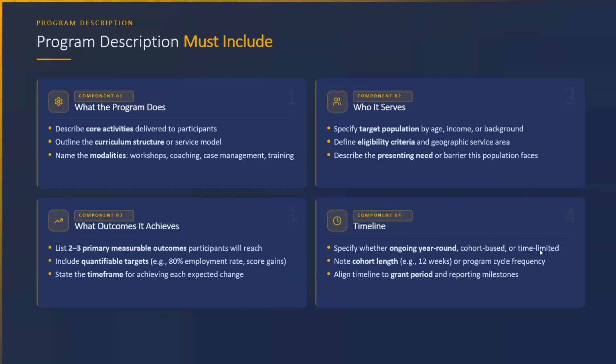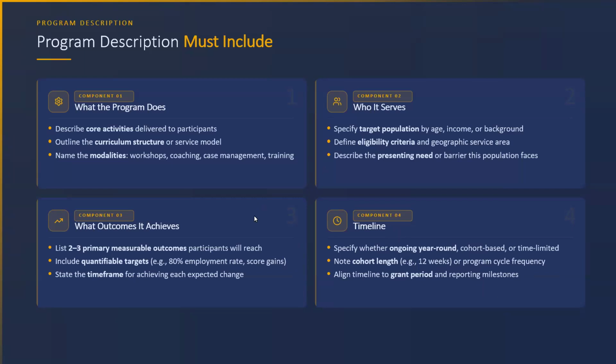And then finally, the timeline. Specify whether it's ongoing year round, cohort based or time limited. Is it 12 weeks or a program cycle frequency? And then finally, align the timeline to the grant period and reporting milestones.